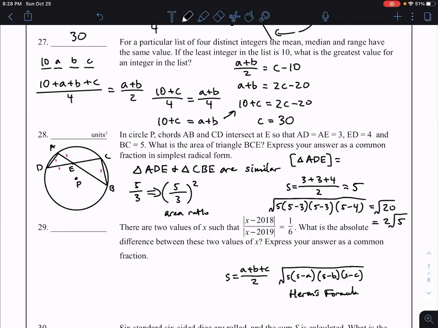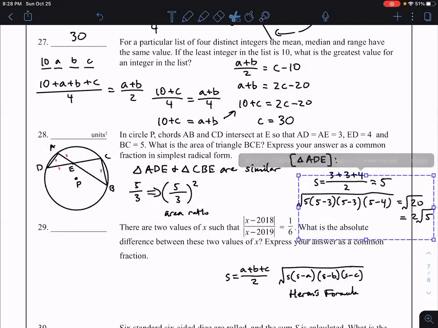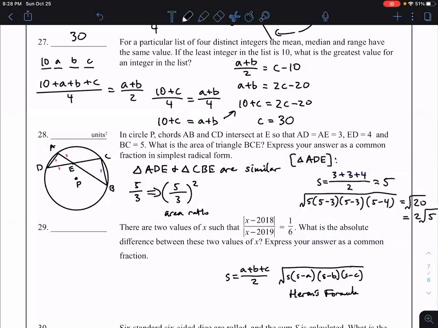And now, hold on. Well, let me do some rearranging. Now, we can multiply 2 root 5 by the ratio of the areas, (5 over 3) to the power of 2.